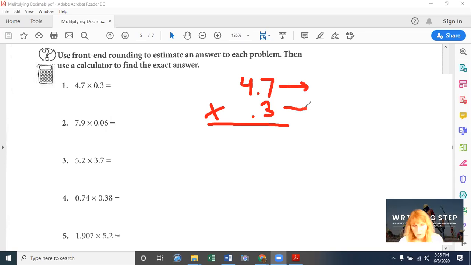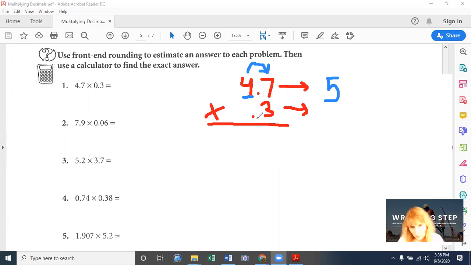I'm not going to actually get the real answer at this moment. So we're going to round to the front end, right? So 5, that's the front end. Why did I go up to 5? Because I look at the 7 and I say if it's 5 or more, I'm going to increase the number to the left of it by 1. So that's where I got the 5.